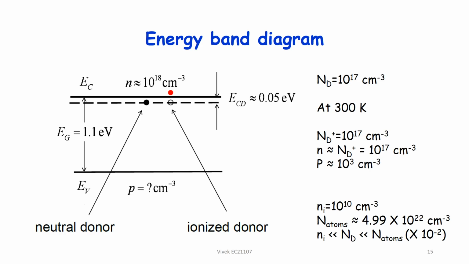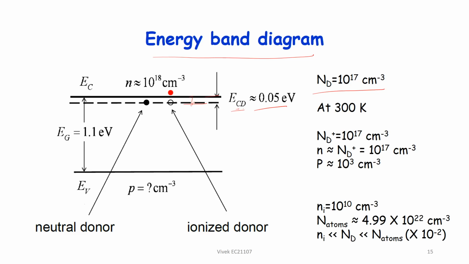Now if you draw the energy band diagram for n type doping, let's say the doping is 10 raised to power 17 per cubic centimeter, and this is the binding energy that we discussed, EB, or you can also call it ECD. ECD is the energy difference between the conduction band edge and the defect level, and that is around 0.05 electron volt.